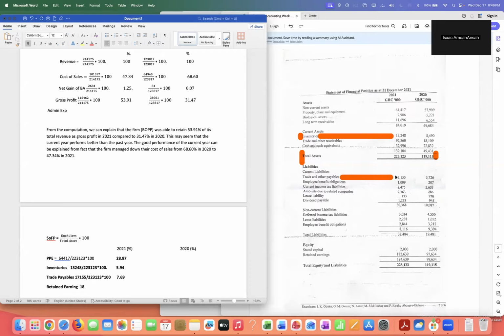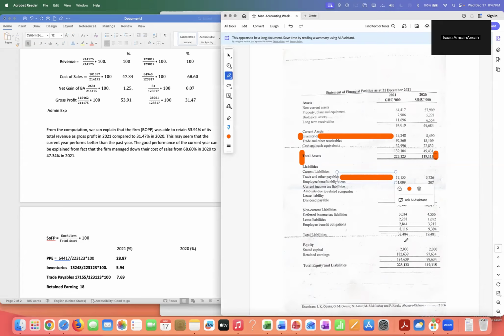When these people made a contribution, their contribution got to the hand of the firm, and then the firm is using it, right? So total asset becomes the key item. If you don't want to use total asset, the next item you can use is total equity and liability, but the two are the same.